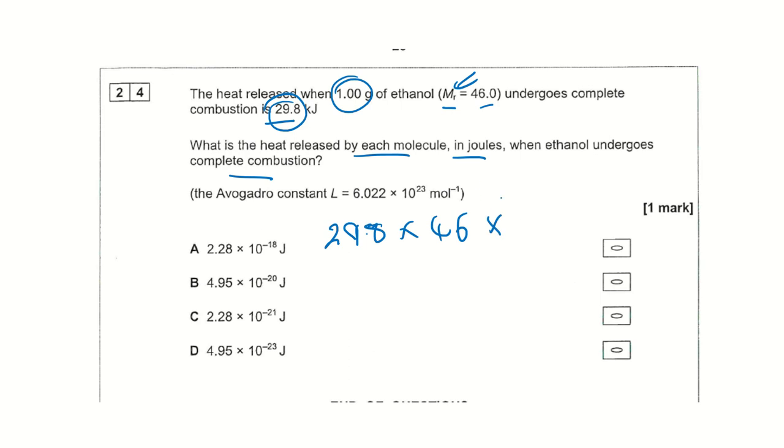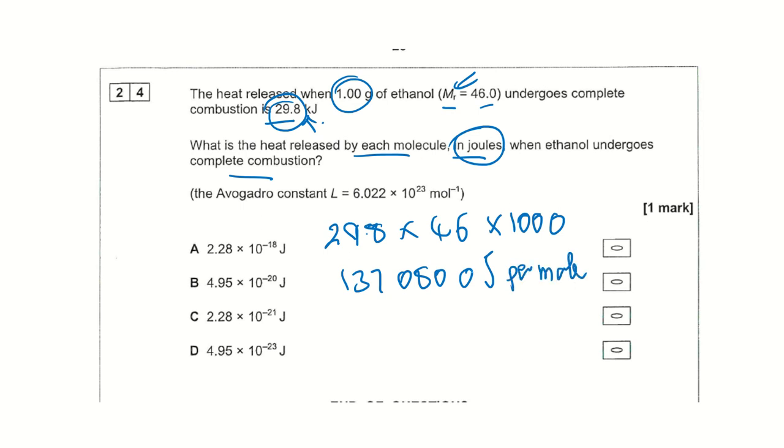I would also multiply that by 1,000 because the answer is to be given in joules, and this value is in kilojoules. So that comes out at a fairly large number, as you would probably imagine. That is joules per 1 mole. Now remember, how many molecules are there in a mole?